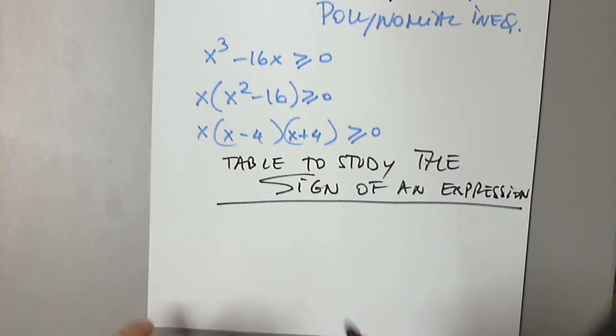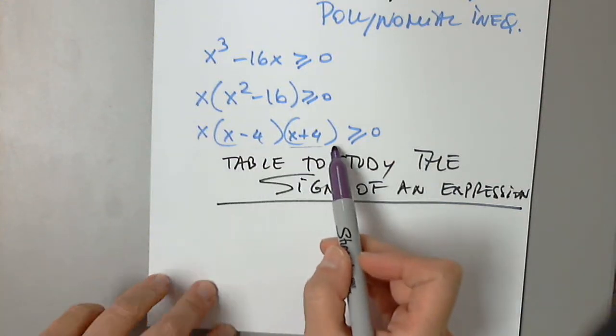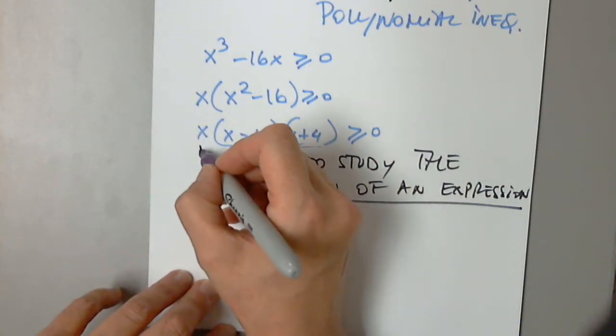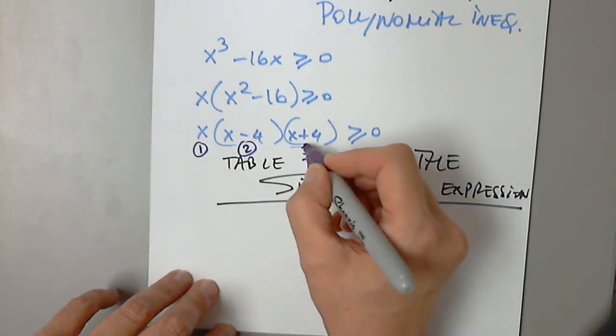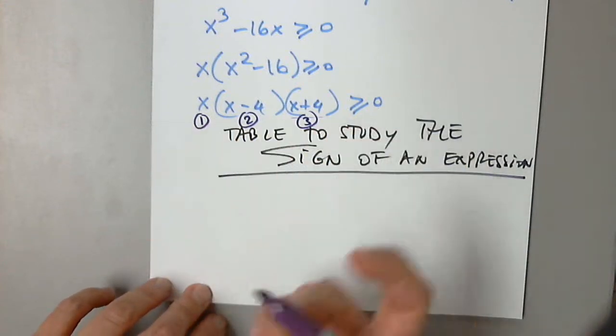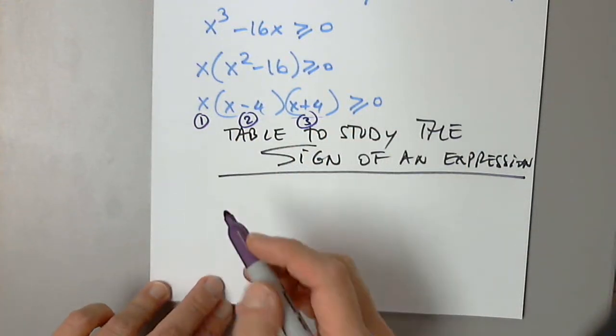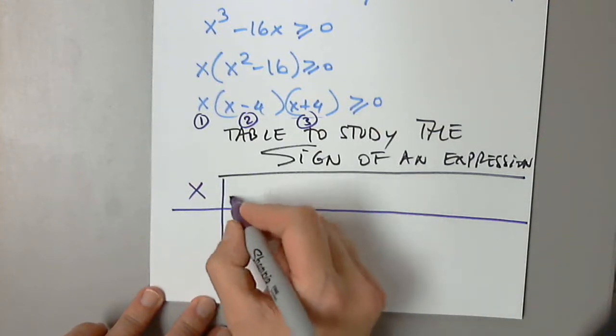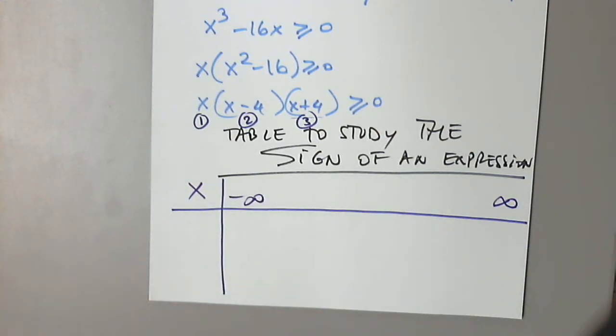Okay. How many factors do I see here? 3, of course. This is the first factor, this is the second factor, and this is the third factor. What is the variable in the problem? x, of course. The first row must always be the variable. In this case, it's x. It goes from negative infinity to infinity.